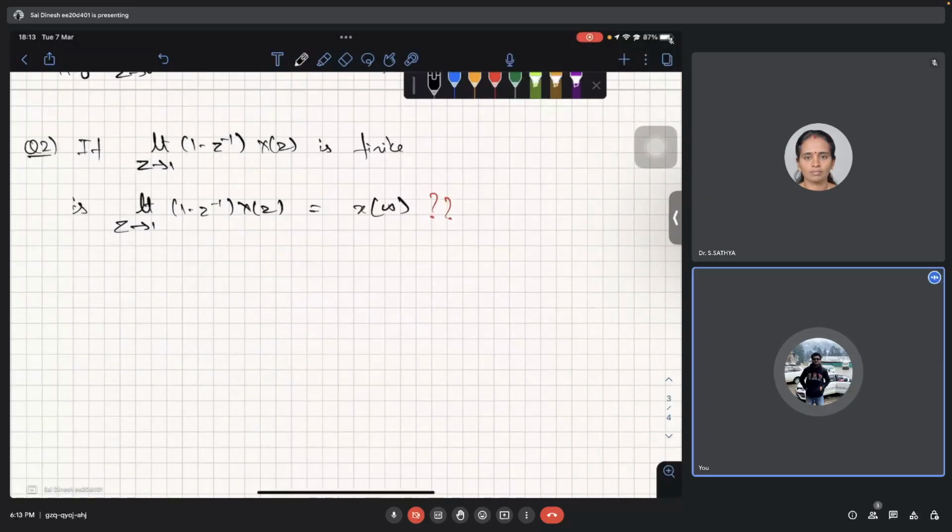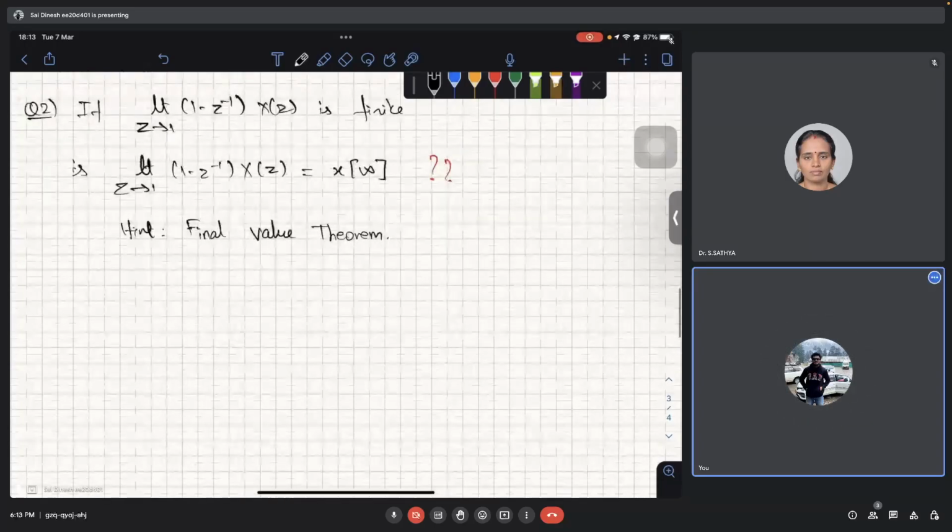Is this true? So the hint is the final value theorem.